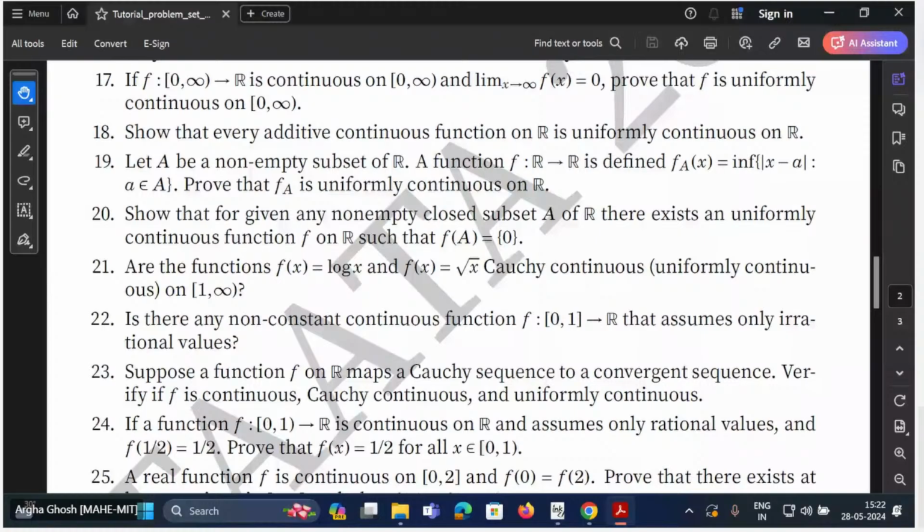The hint is that the function will be the function given in question number 19. The zero set: whatever element you choose from the set A, f of a will be 0. You have to find such a function.